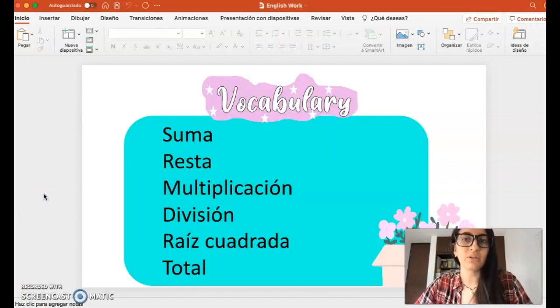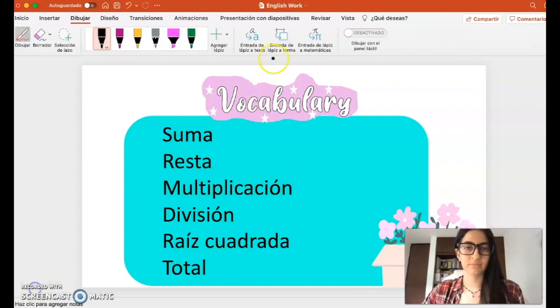For today we are going to see some vocabulary that we use in math, and in this part we have suma, resta, multiplicación, división, raíz cuadrada y total. We are going to learn how to say these words that we are going to use in math class.